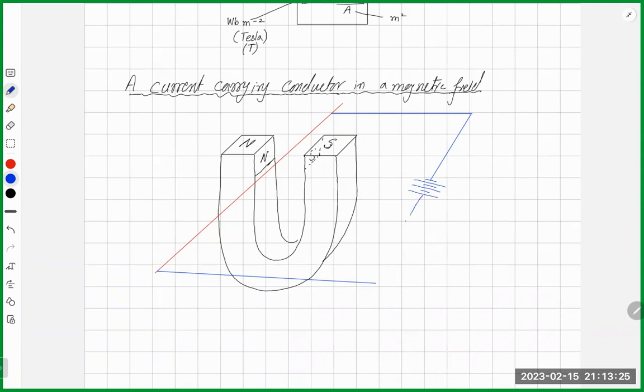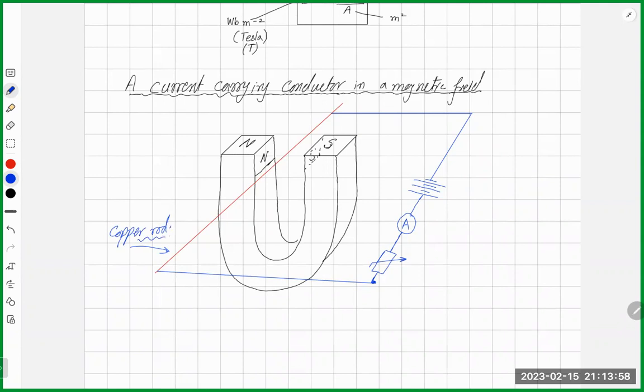There is an ammeter that can measure how much current we are passing through. There is a variable resistor that can control the amount of current. So this is a circuit that we use. And this is a copper rod.